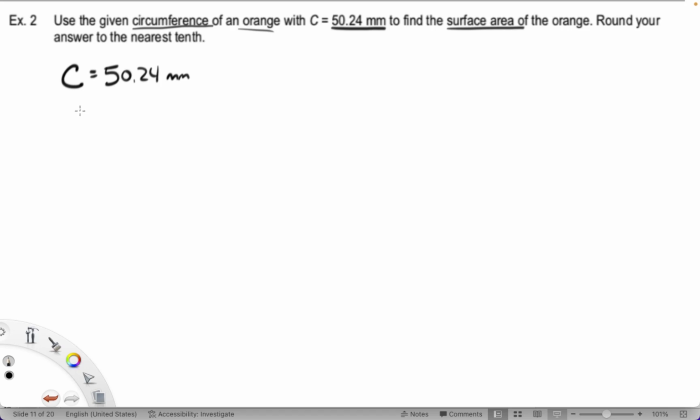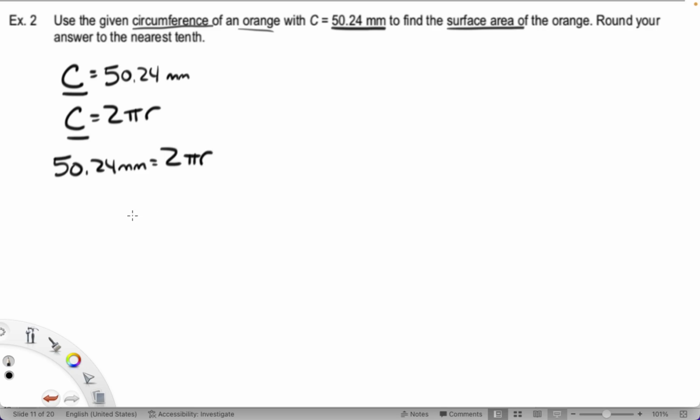The circumference is equal to 2 pi r. So by the transitive property, they must be equal to each other. So 50.24 millimeters must equal 2 pi r.